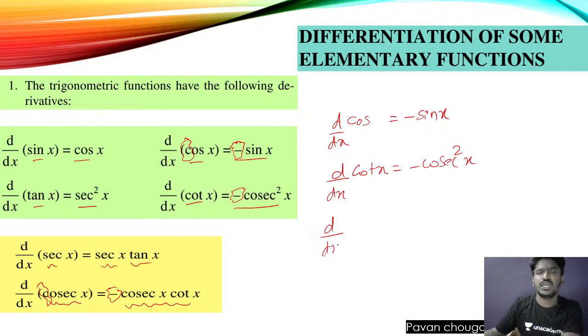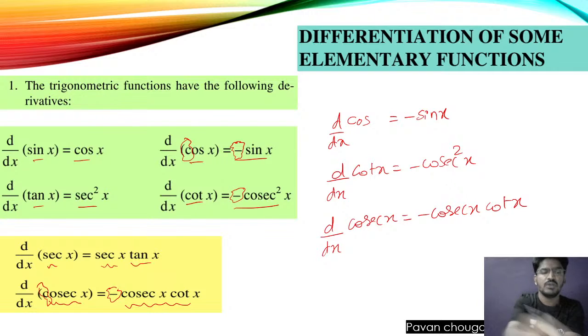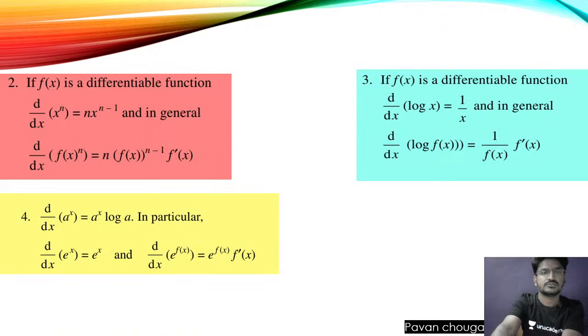D by dx of cosec x is what? Minus cosec x into cot x. Clear? So the remaining terms are positive, no problem. So that's why it will be very helpful for remembering the formulas. Clear? Okay. Now I will move to the next slide.